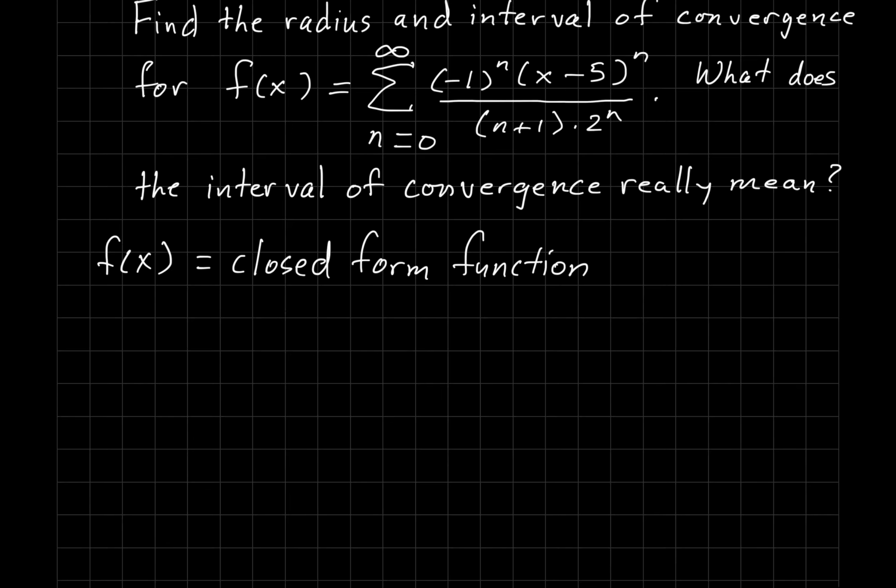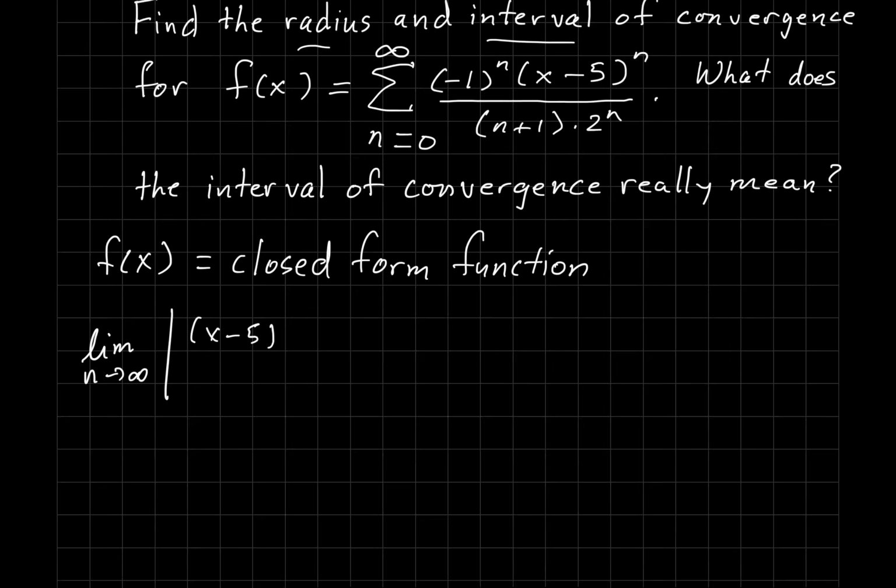Let's go back to the first part. Let's find the radius and interval of convergence. Both of these terms, radius and interval of convergence, are huge clues that we want to do the ratio test. So let's do the limit as n goes to infinity of our n plus 1 term, I will leave off the (-1)^n because of the absolute values.